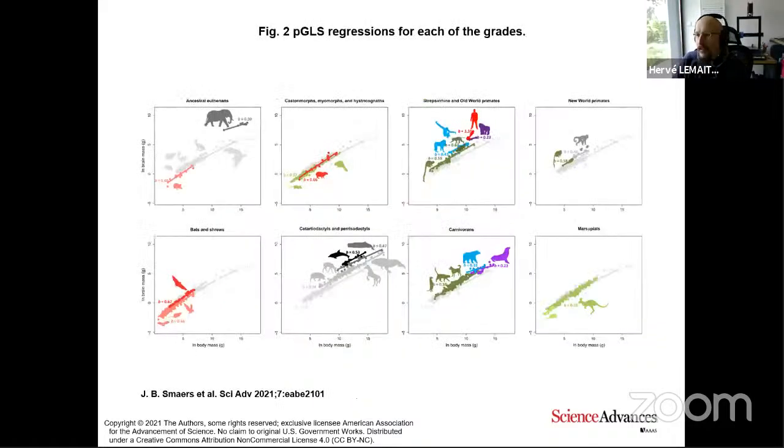Maybe it's clearer here. Maybe I didn't mention it, but it's always comparing the intercept and slope to the ancestral slope. Mammals in general have a slope of 0.56 or 0.51, and all the comparisons are here. For example, primates have an intercept higher than the global intercept, which is why they have a darker color.